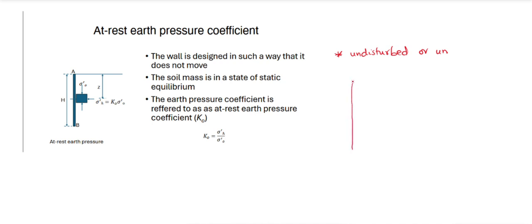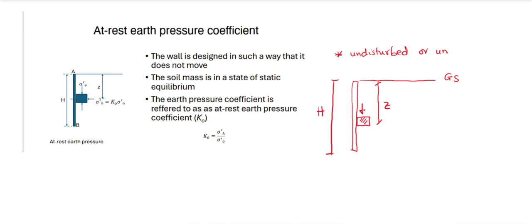So because there is no movement, if this is the ground surface, then we take a certain soil unit here. The distance from here to here is z. Let's say the height of the retaining wall is h.